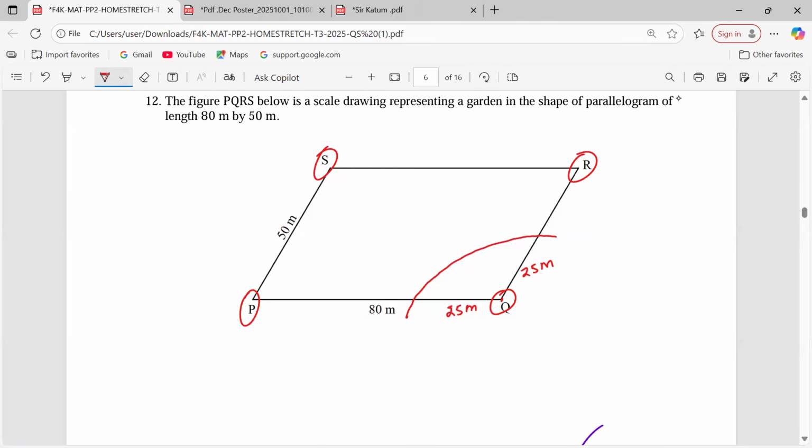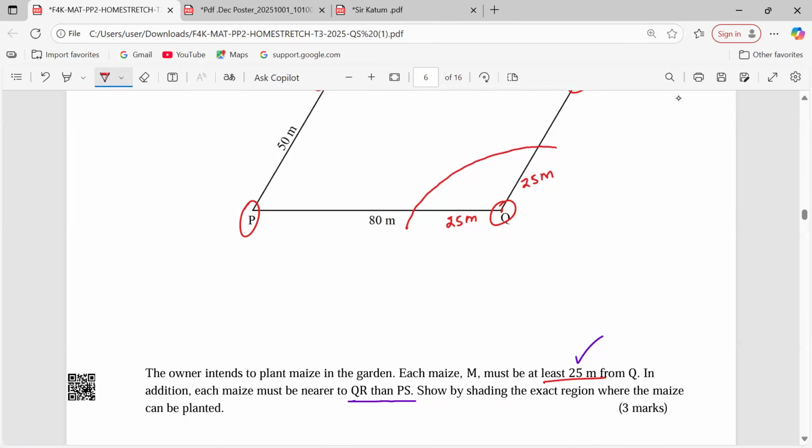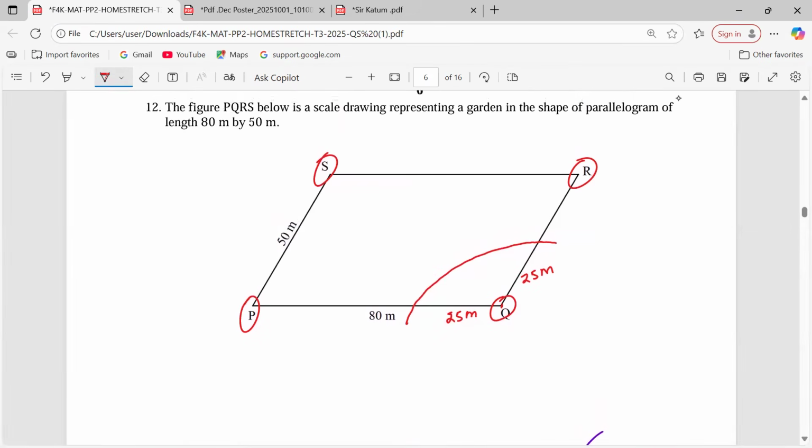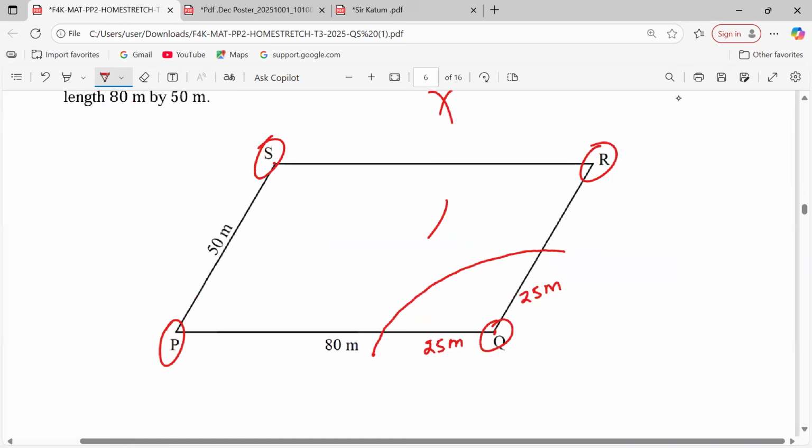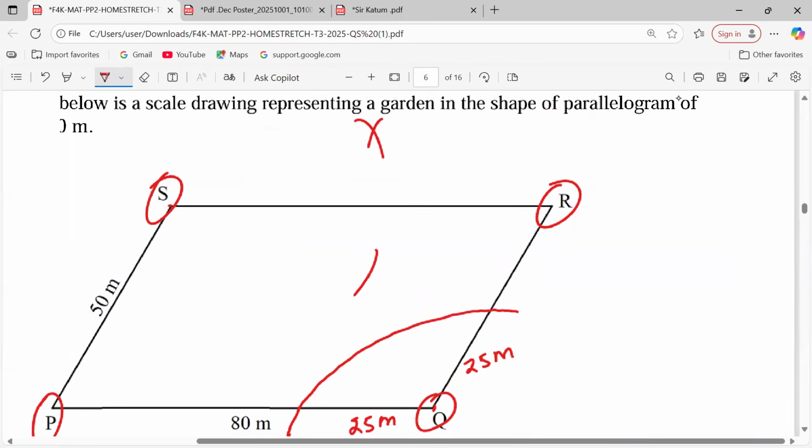And this is a parallelogram. You can't draw a perpendicular line. So you're just supposed to measure the mid of SR, or you stand here, you construct a bisector. You bisect QS.